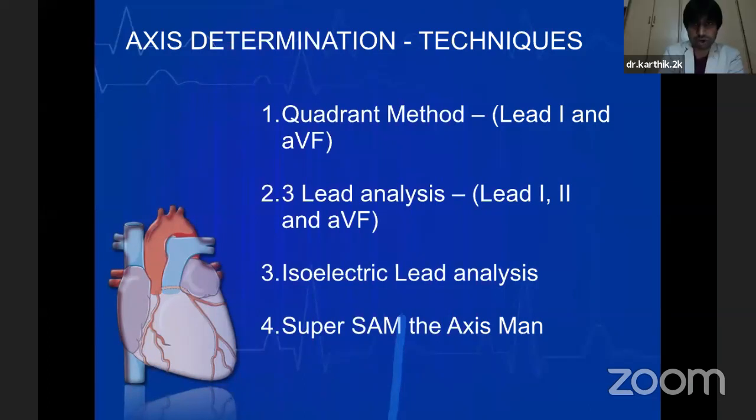So we have a quadrant method for axis determination, which is the easiest in clinical practice, where we use only 2 perpendicular leads, that is lead 1 and lead AVF. Then we have a 3-lead analysis where we use leads 1, 2 and AVF, the isoelectric method, and a more illustrative approach using the SAM technique just for beginners.